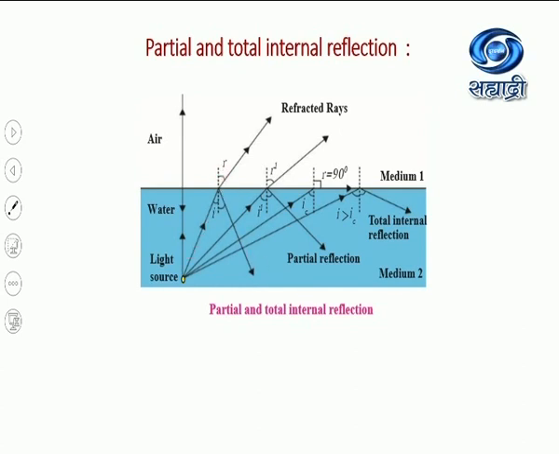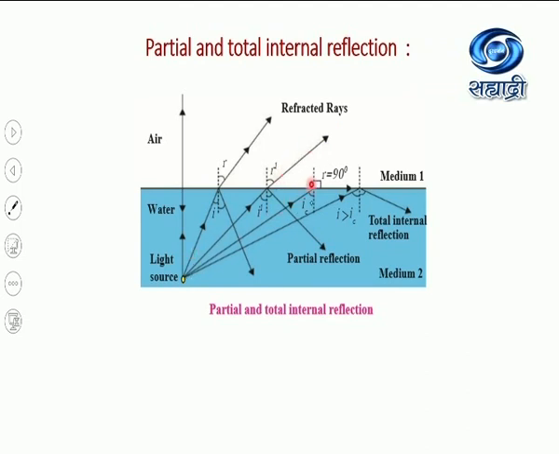As light is going from denser medium to the rarer medium, it bends away from the normal. Angle of incidence I is smaller than angle of refraction R. If we increase I, the angle R is also going to increase.